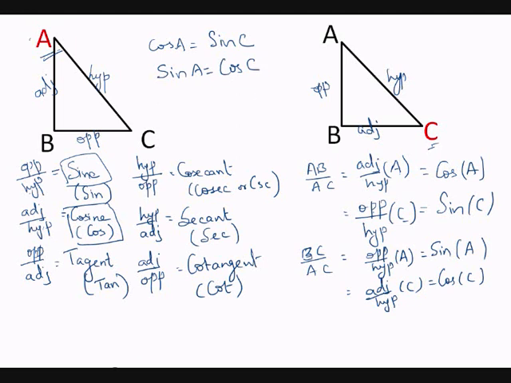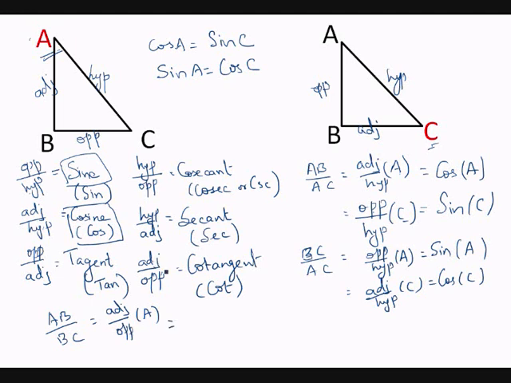What happens to the tan? The ratio AB to BC, when angle A is considered, we have AB adjacent and BC opposite.